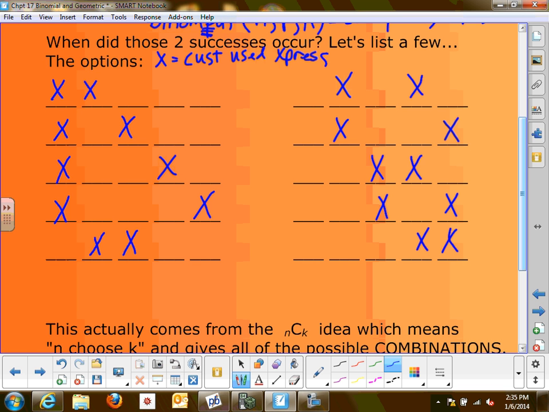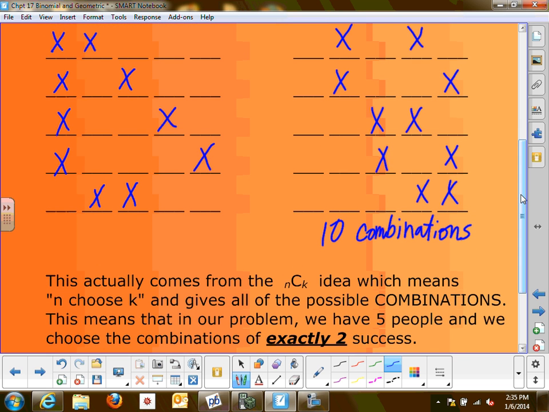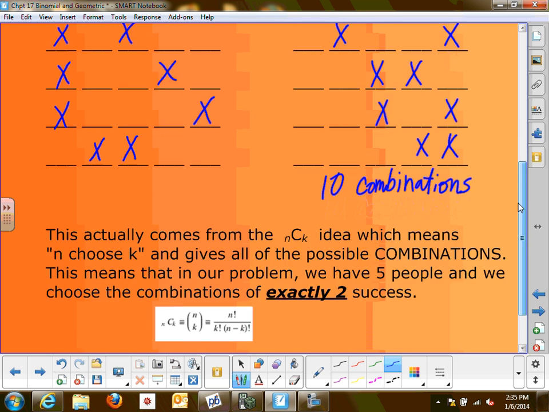So how many different ways can 2 express customers be sprinkled amongst my 5 that I asked? 10. Good. So there are 10 combinations. Okay? So that's the important thing to notice. So what happens is, any one of these has 2 successes and 3 failures.